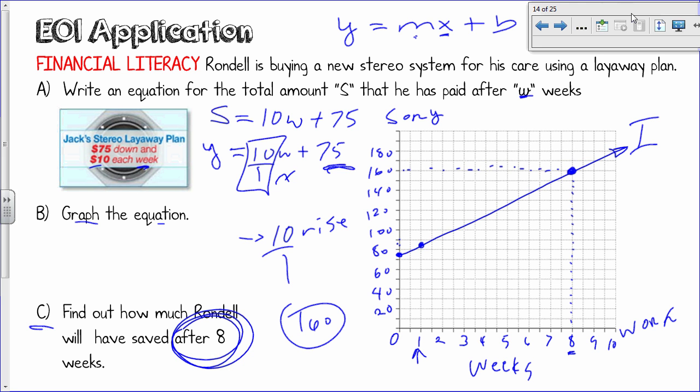Well, if I go 8 weeks here, can I not just plug 8 in for that? Yeah. S equals 80 plus 75. S equals 155. Dang, I was pretty close.